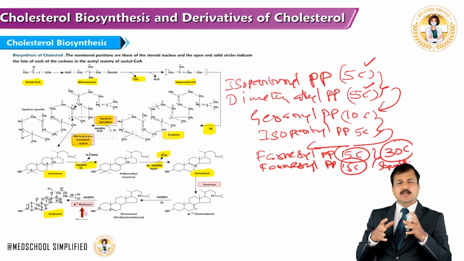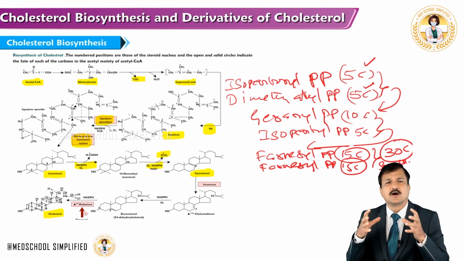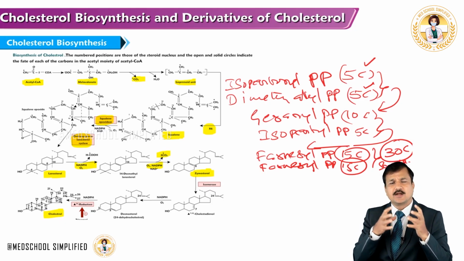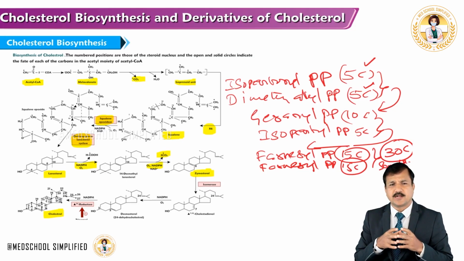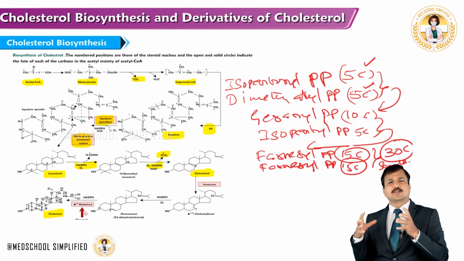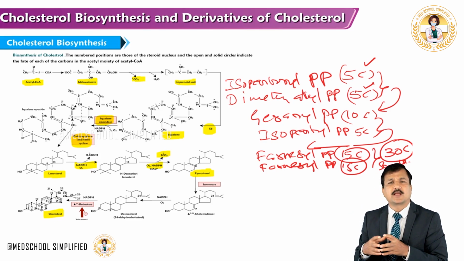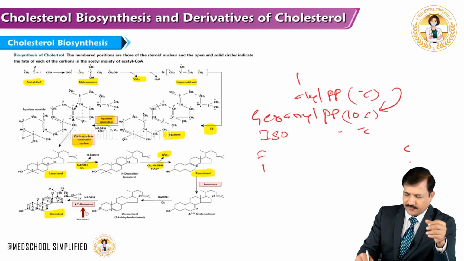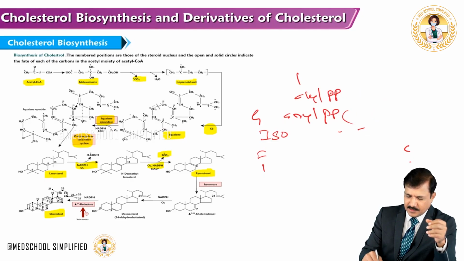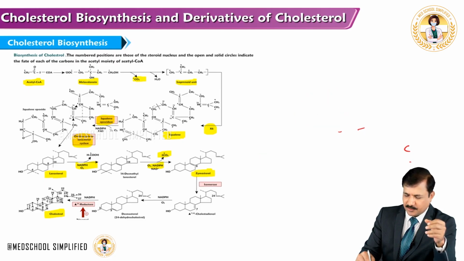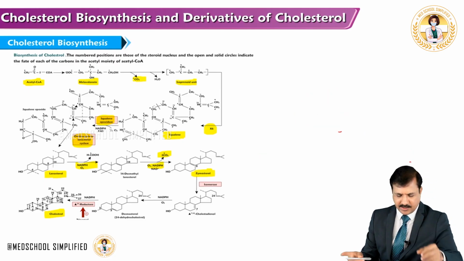Now once we get squalene, it undergoes reduction and ring closure to make lanosterol in the endoplasmic reticulum, and lanosterol further undergoes reduction and decarboxylation to make cholesterol. So this free cholesterol that is made in the endoplasmic reticulum will undergo an esterification process at its third carbon hydroxyl group.